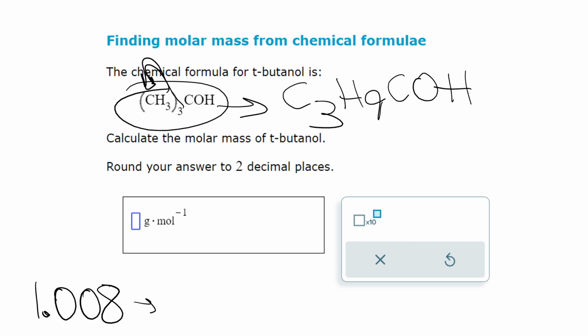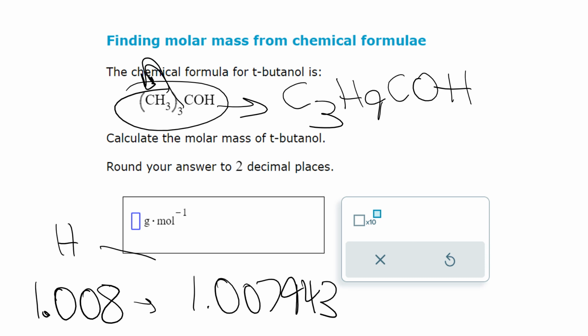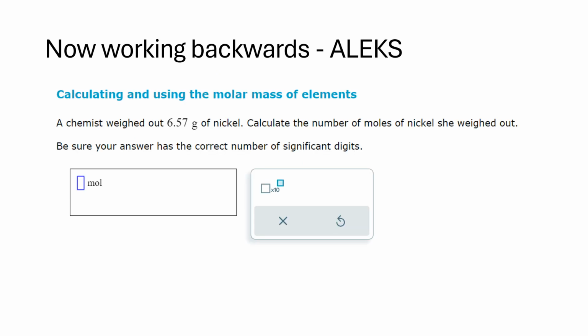On Alex, you might have to use 1.008 as sometimes they're just more specific with the periodic table that they have. They do have an ALEKS periodic table, which is sort of crazy because it's 1.007943 or something like that for hydrogen. This is testable.